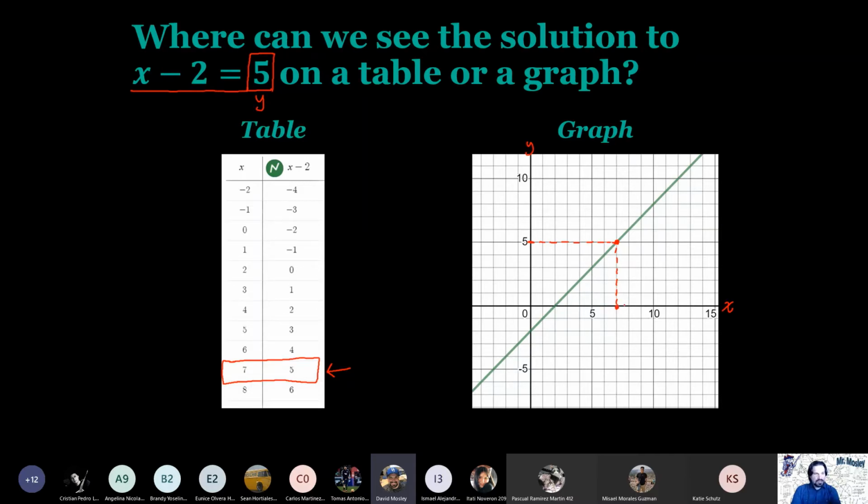And then trace down till I hit the x-axis, and that also gives me the solution, 7. When x equals 7, y equals 5.